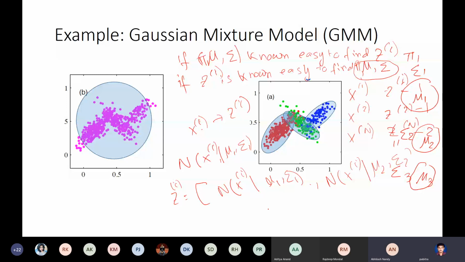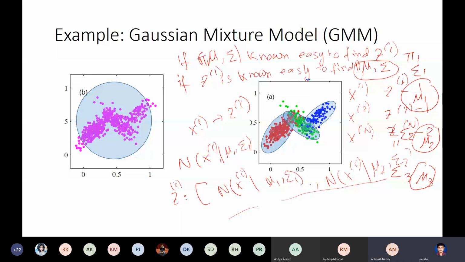Z basically says, given a point xi, with what probability it belongs to component 1, component 2, component 3. And pi is, if you randomly pick a point without knowing its value x, what is the probability it belongs to 1, 2, and 3. So pi is common for all points, whereas Z is specific to a point.